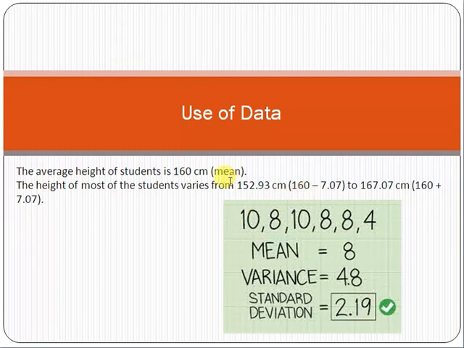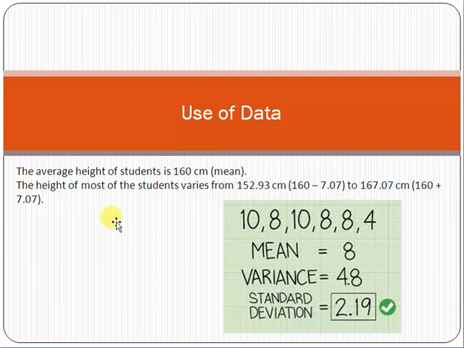See, the average height was 160 centimeter, and the standard deviation was 7.07. So from the left side we subtracted 7.07, the standard deviation, from the mean value, and on the right side we added 7.07 to the mean value 160. Once we subtracted 7.07 from 160, we got 152.93.